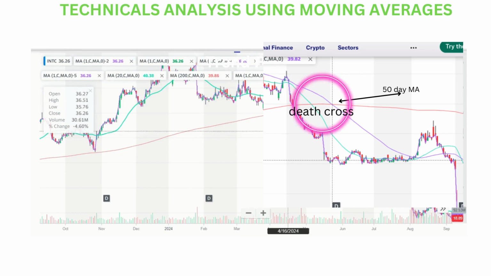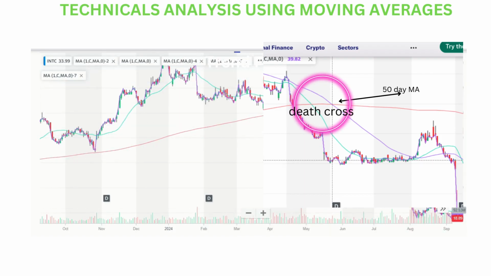So this is a very clear and evident picture of the dead cross, whereby the short-term moving average is crossing the 200-day moving average and confirming that the stock is in a downtrend. So this is very clear. I like this picture. It gives us a clear comparison, and in the next section, I will show you a clear picture of the opposite of the dead cross, and I'll get into that very shortly.